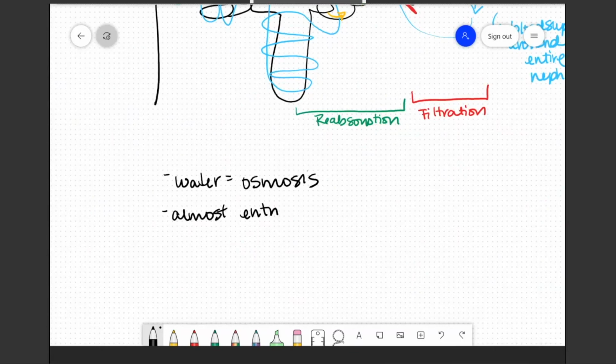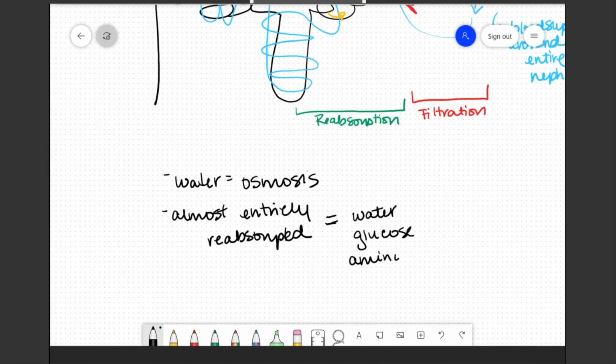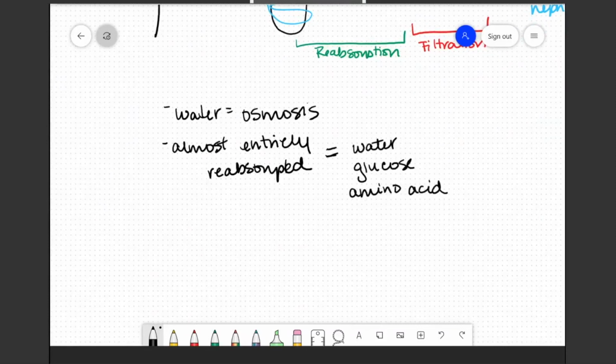Depending on your body system, these things will be reabsorbed completely: water, glucose, and amino acids. These three will get filtered out through the filtration process, but when they get to the reabsorption process, your body takes them back and reabsorbs water, glucose, and amino acids.